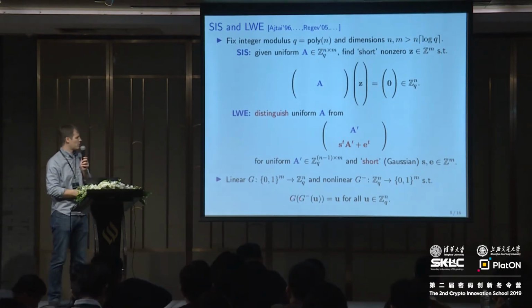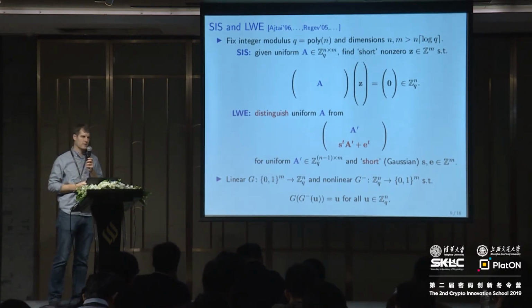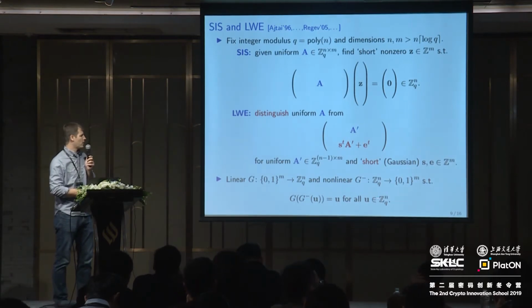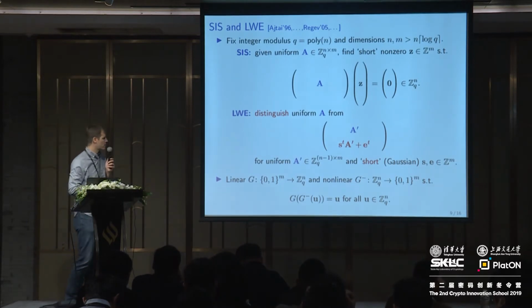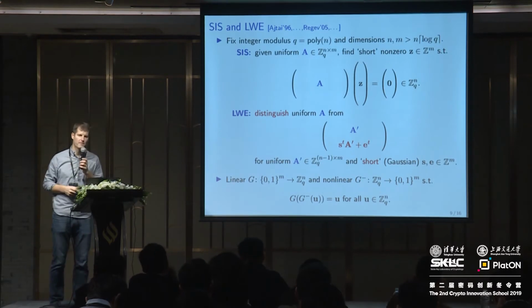We do G of G inverse of U, but not the other way around. We don't do G inverse of G. That doesn't make sense. So this holds for all U in Z_q^n. Okay, so we'll see why this gadget is very important to our construction in a moment here. Okay. Question?